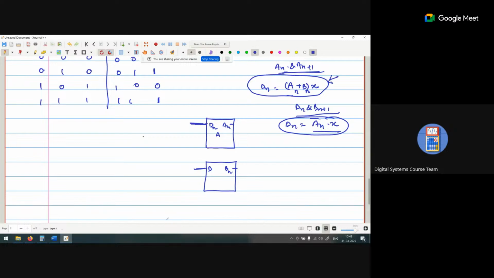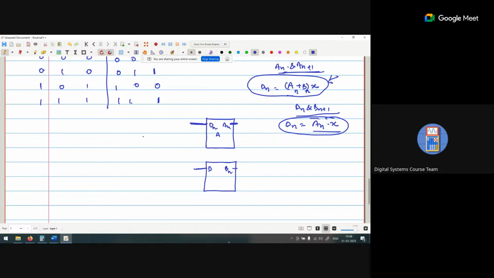That means where does An come from? An comes from here. So that particularly the first Dn equation will be implemented for the first flip flop. Second is calculated using the Bn and Bn plus 1, and Bn comes from the second flip flop. So that means the second equation will be implemented for the second system Dn.